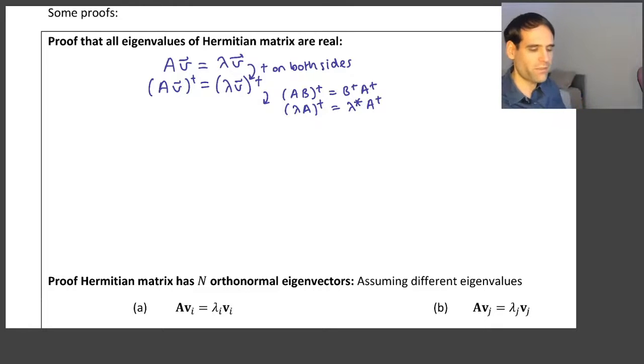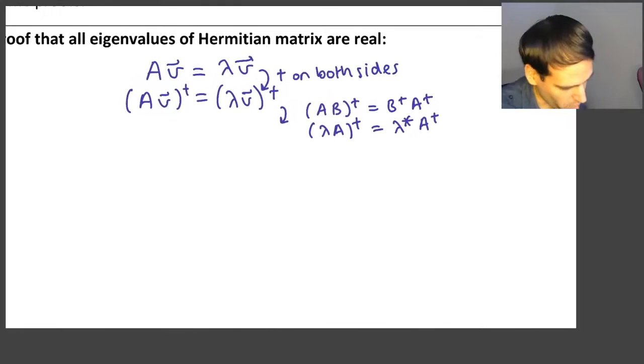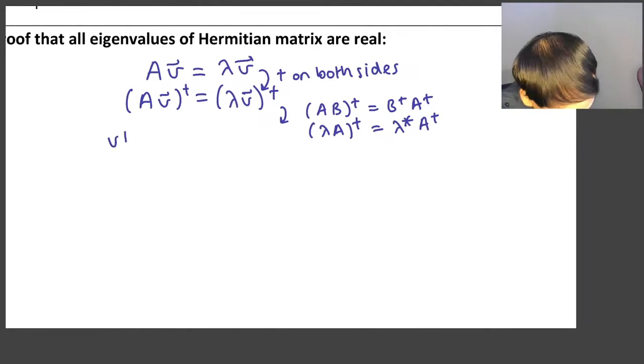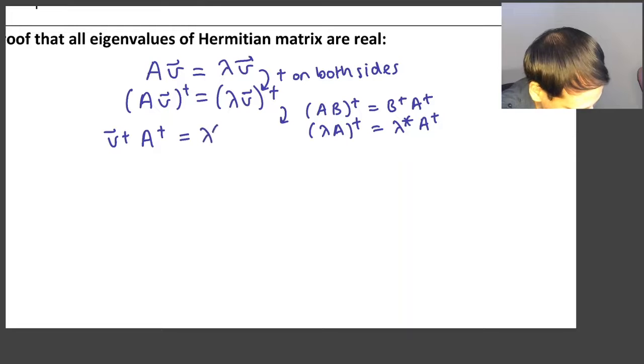Okay, so those are properties of the dagger, of the Hermitian conjugate. So you apply those properties, and what do we get? We get that V dagger times A dagger is equal to lambda conjugate times V dagger.